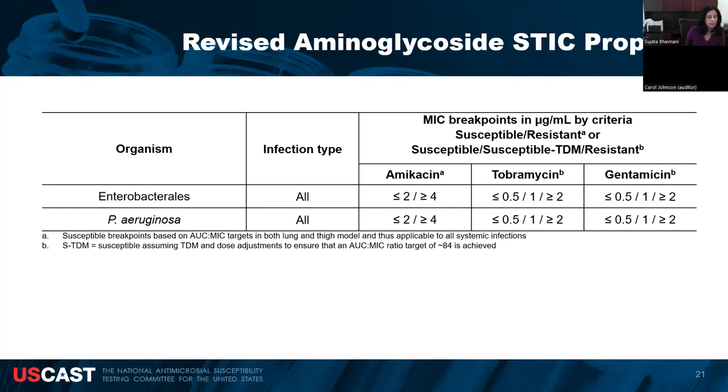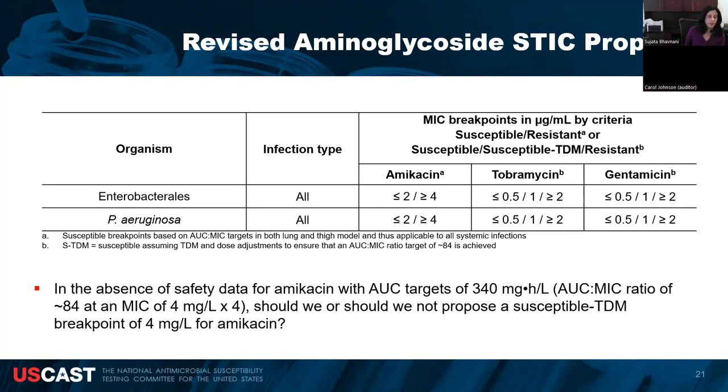But that left a conundrum for amikacin. Knowing that efficacy is co-modeled and efficacy is handled in a similar way, we wondered if we could do the same thing. In the absence of amikacin data, could we take the 84 target and multiply it by 4 and use the target of 340 to help us shoot for a safety target?